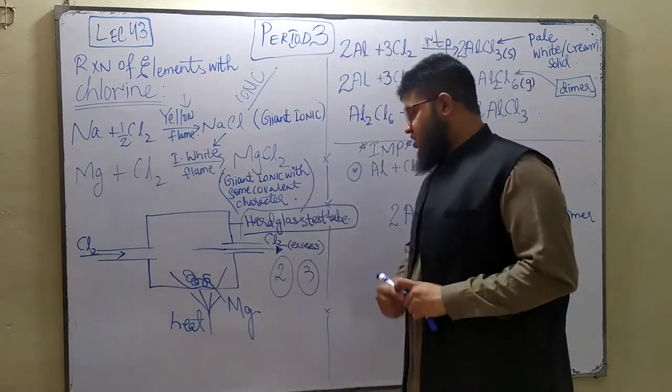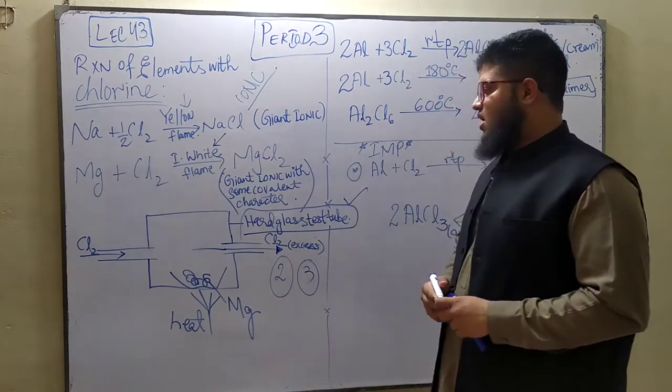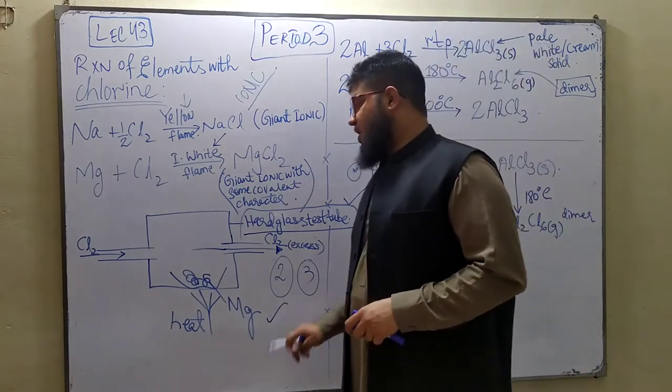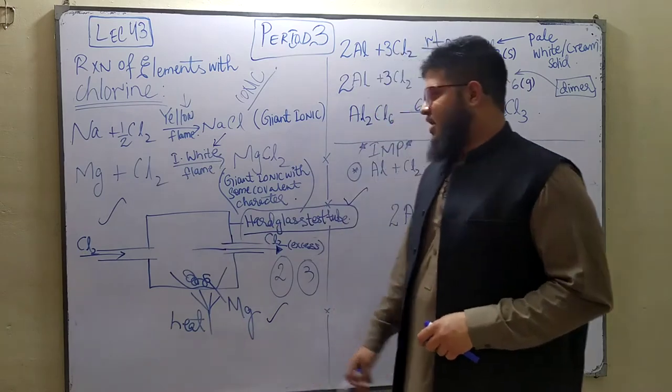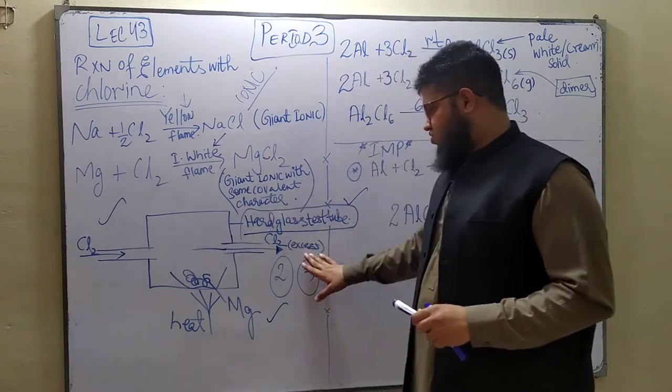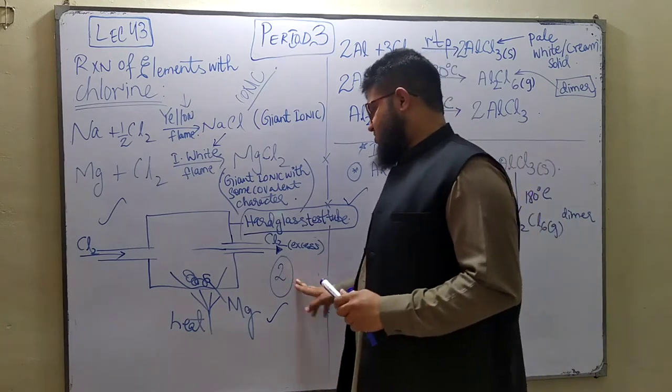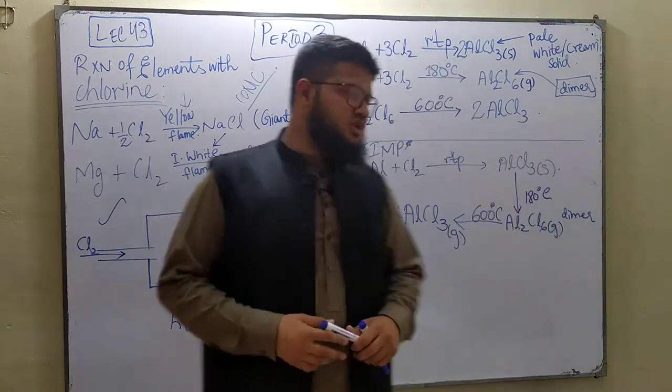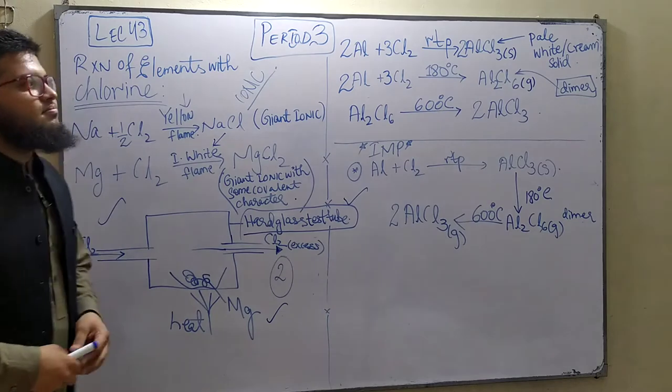In the 3 marks over here, the first mark was for labeling the hard glass test tube, the metal and the chlorine gas correctly. The second mark was just for the representation. I don't think there was a 3 mark question, but there definitely was a 2 mark question on this.